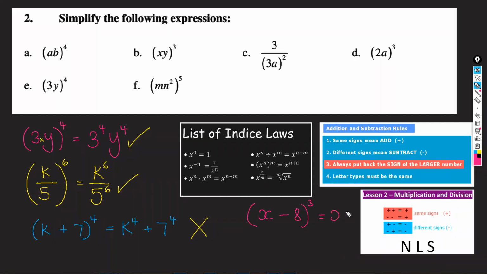So you will say x cubed minus 8 cubed. But this is also wrong. Let me explain why it is wrong. You see this thing with the powers and the brackets? When you have a power and brackets, it only works for multiply and divide, right?